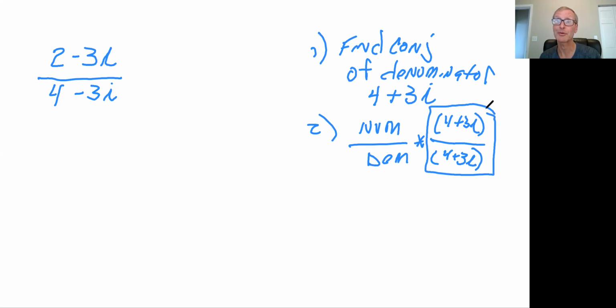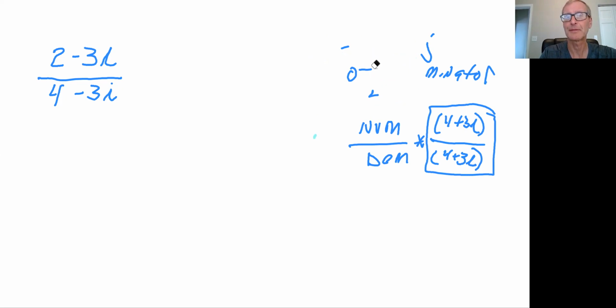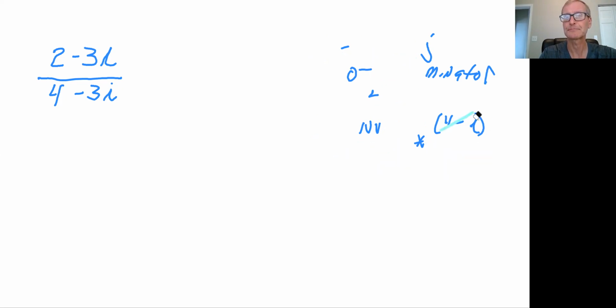And remember, you can take any number, and when you multiply it by 1, you're really not changing the value of the number. So let's walk through this calculation and see what it gets us.